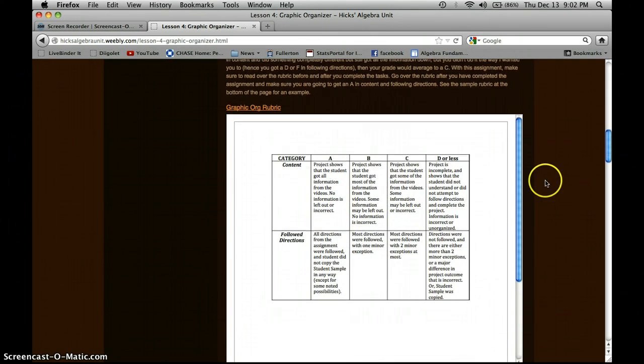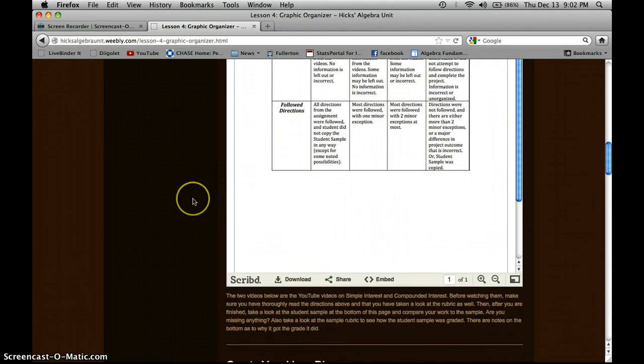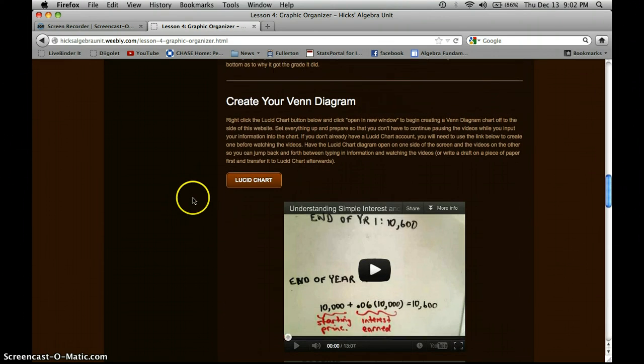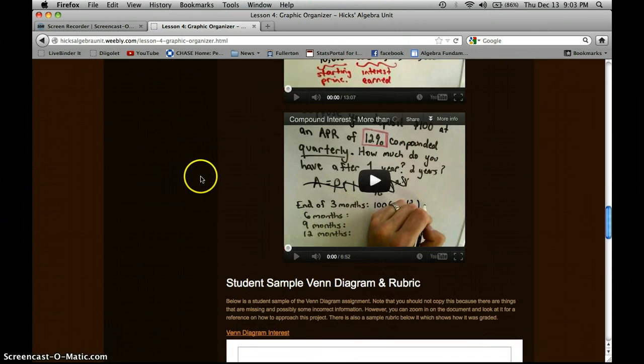And this rubric is very small compared to the other one, and I embedded it. It's not on a scale of 4 to 1, it's on a scale of A to D or F, and it only has 2 categories, content and whether they followed directions. So I basically take the average of their 2 scores and tell them to create their own Venn diagram. This brings them to Lucidchart so that they can create that diagram.